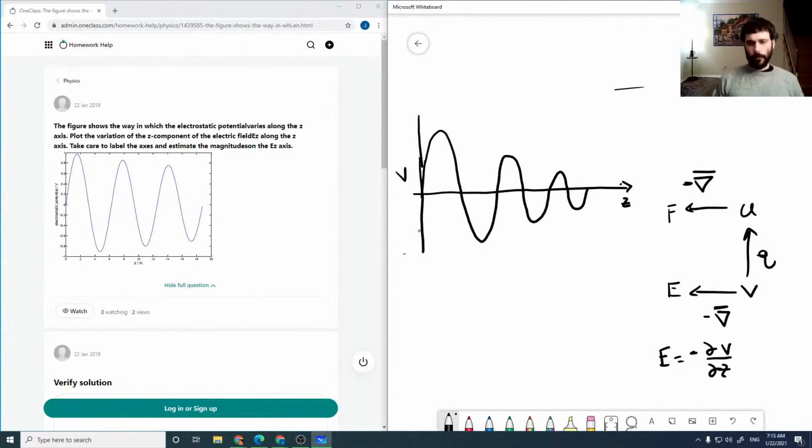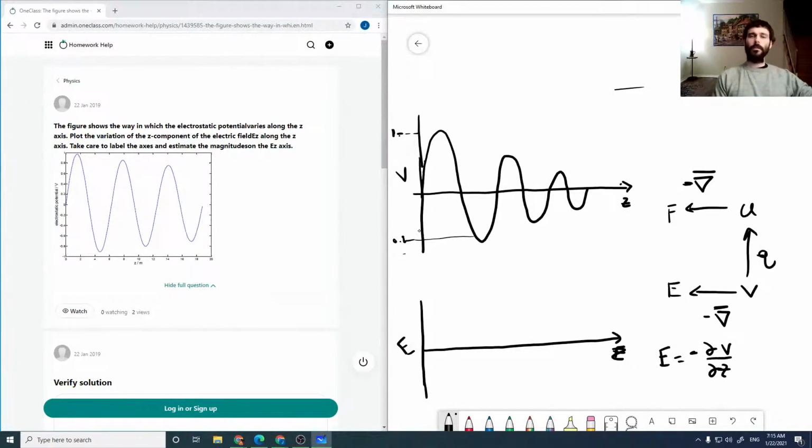And so to sketch out my E field, I can identify a few key points. Also, to get some values here, this is given as 1, that's given as 0.8. So to get some values, I can use rough estimations.